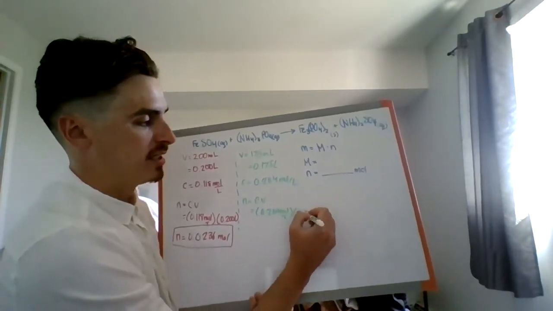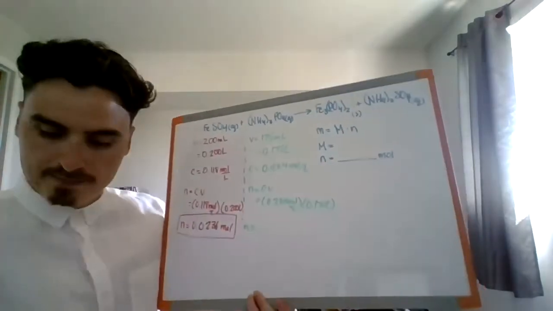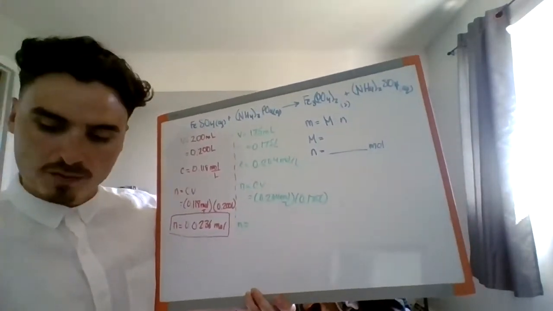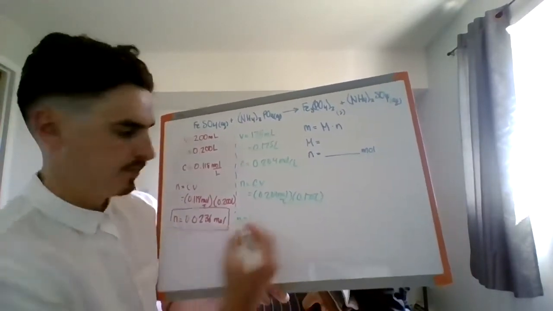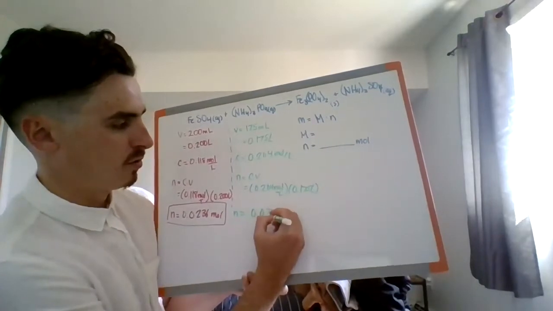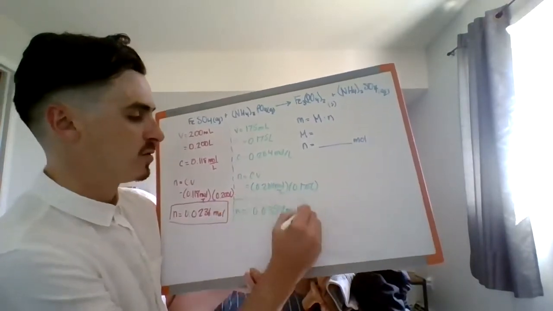And I already see something that we haven't done yet. So I'm just going to finish this and then we'll go to there. 0.204 times 0.175. Okay, 0.0357. Okay, I found the moles of both of these.